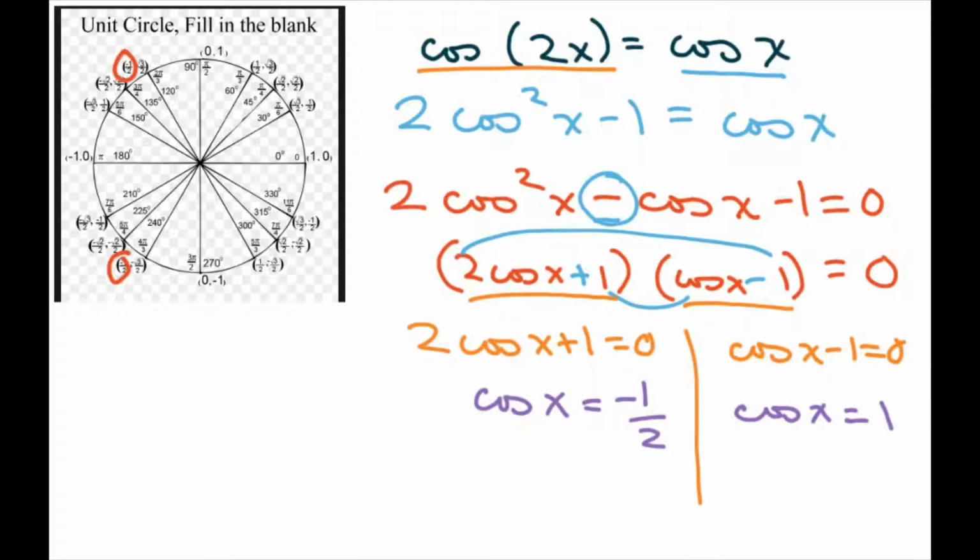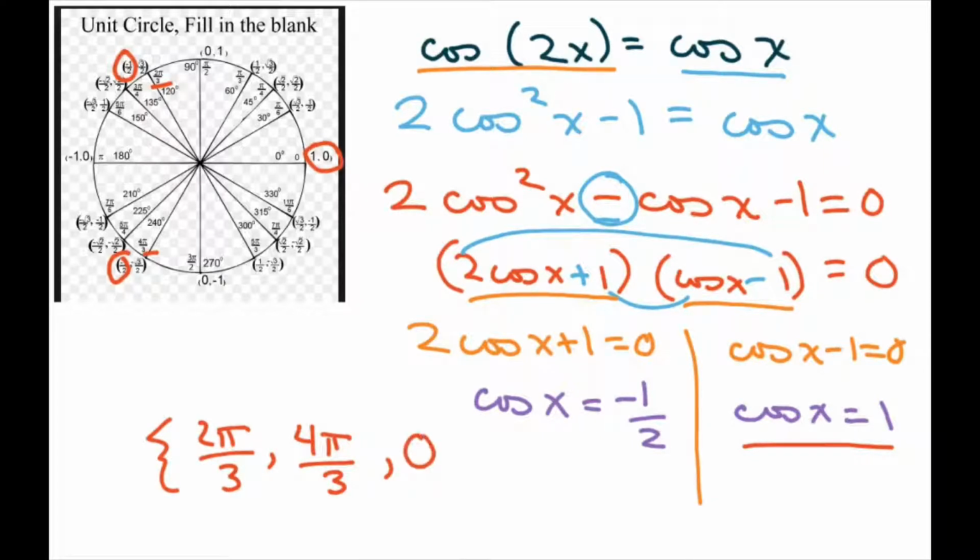So this would be 2 pi over 3 and 4 pi over 3. And where does cosine equal 1? That's where your x equals 1, and it's right here. That would be at 0 pi radians, or just 0.